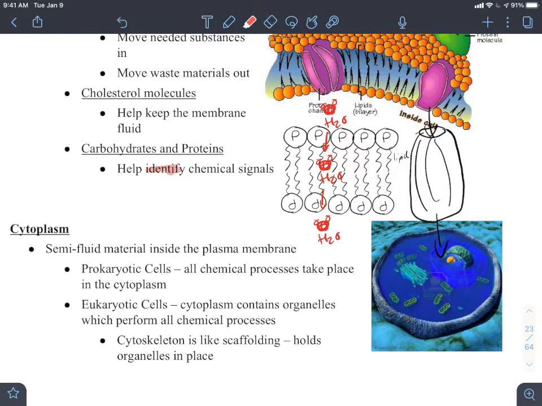The cytoplasm is just the fluid, so in this case the blue stuff here, that's inside. That fluid is not water. I mean, it's water, it's mostly made of water, but it's actually a combination of chemicals. There's so many different types of chemicals floating around in that water that we can't call it water anymore. It's like saying that I drink a glass of brown water in the morning when I'm drinking my coffee.